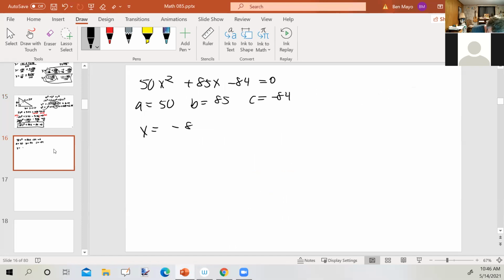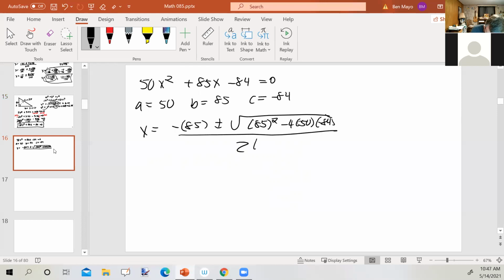X equals negative B plus or minus the square root of B squared minus 4AC all over 2A. X equals negative 85 plus or minus the square root of, let's see here, 85 times 85 is 7225. I need to tell you, if you haven't figured out already, these problems in this last part of this section, the numbers get really big.